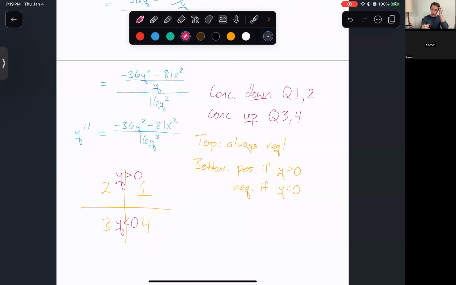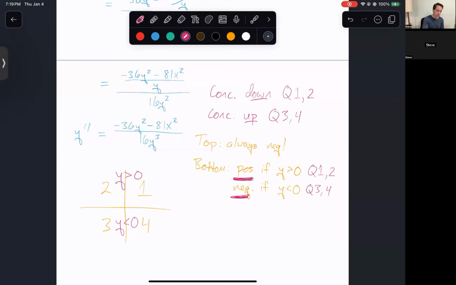So the bottom is positive if y is positive, meaning if you're in quadrants 1 or 2, right? The bottom is negative if y is negative. So that means if you're in quadrants 3 or 4.